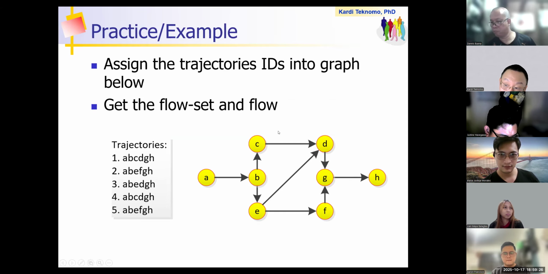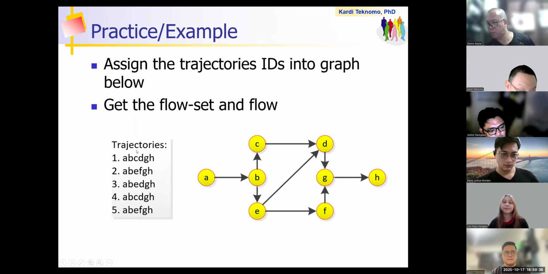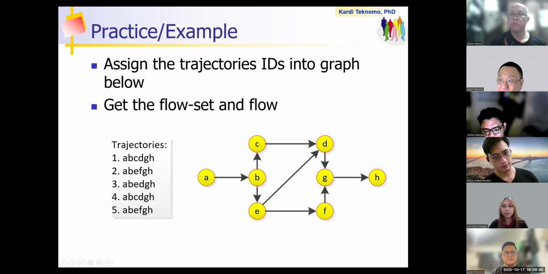Instead of flow, I want to get the ID of each trajectory in its link. I want to get the ID in its link, the ID of the trajectory. Is it okay or not?